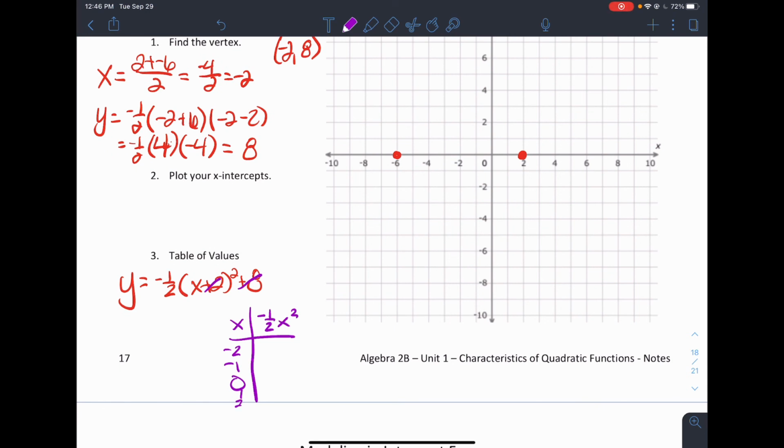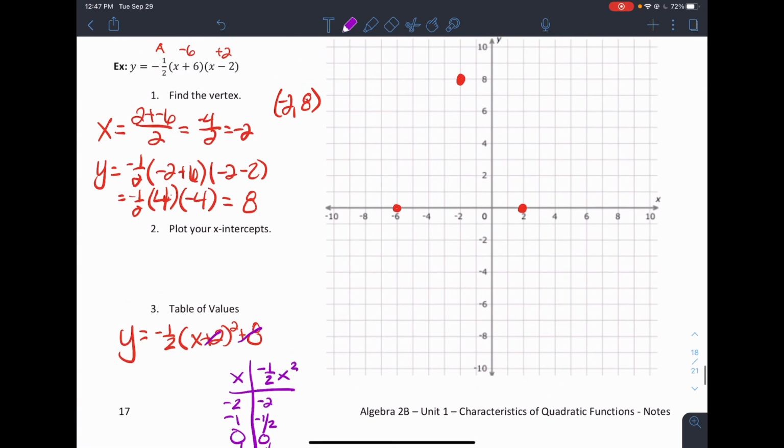So if I plug these in, negative 2 squared is 4. Take a negative half, that's negative 2. Negative 1 squared is 1. Take a negative half, that's negative 1/2. 0, negative 1/2, negative 2. There we go.